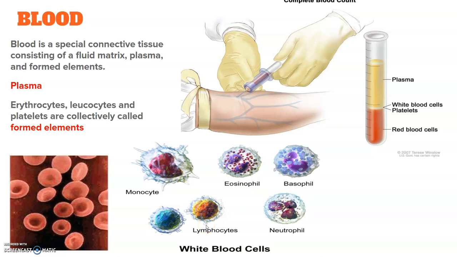Neutrophils, eosinophils and basophils are granulocytes, while lymphocytes and monocytes are agranulocytes. Neutrophils are the most abundant cells.